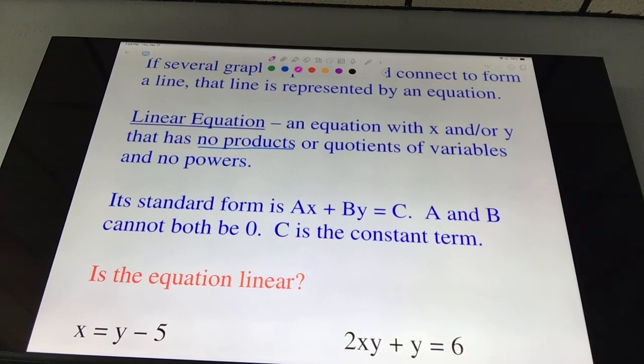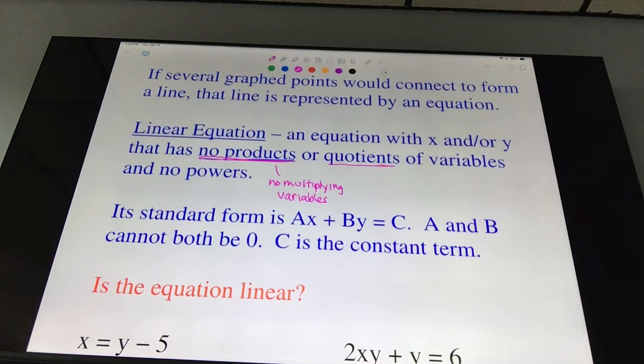So what does that mean? No products means no multiplying of variables. Oh my God, I can't write the word no. There we go. Product is the answer to a multiplication. Product means multiply. No quotients of variables.